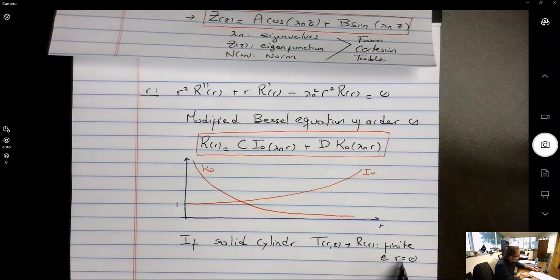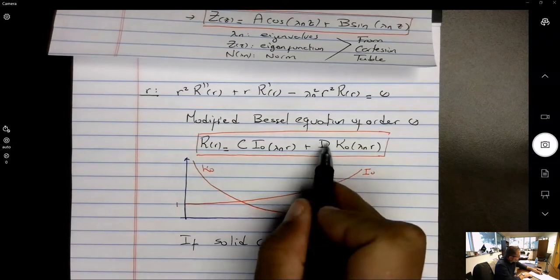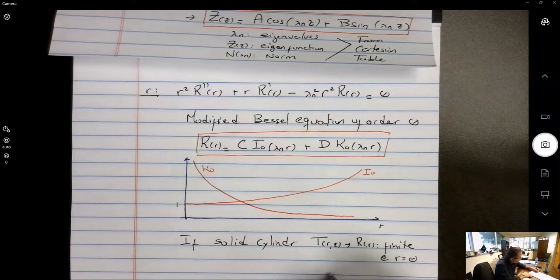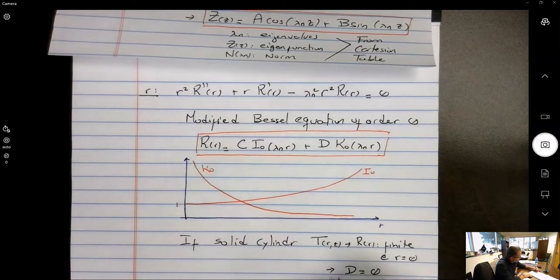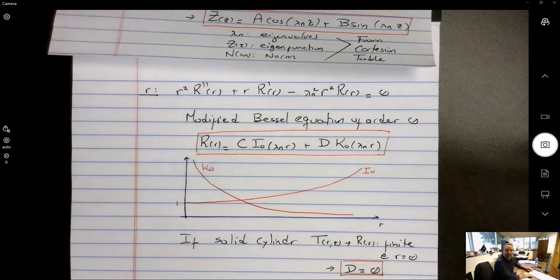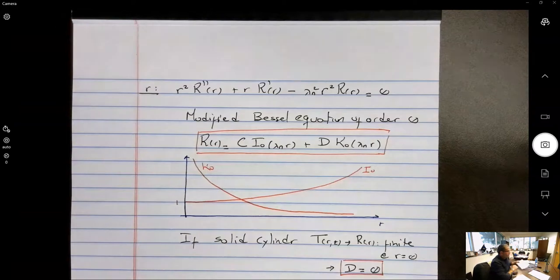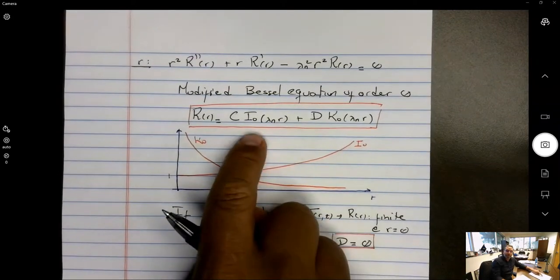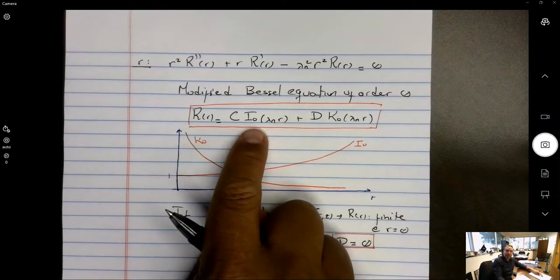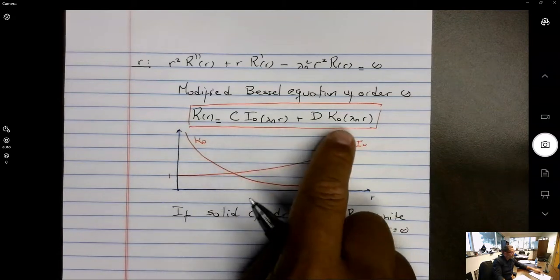And if the solution has to be finite at R equals 0, then we can essentially conclude that D should be equal to 0. So only the modified Bessel function of the first kind will survive if the cylinder is solid. If the cylinder is hollow, then we would have to apply whatever homogeneous boundary condition there is, either inside or outside, to see if either the I0 remains or the K0 remains.